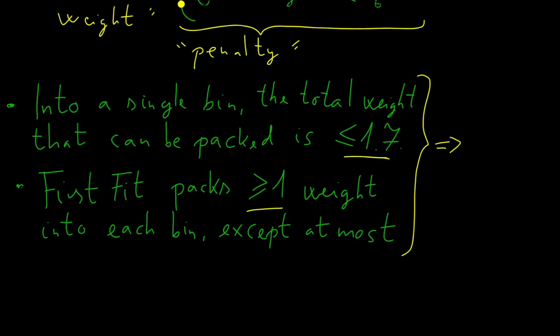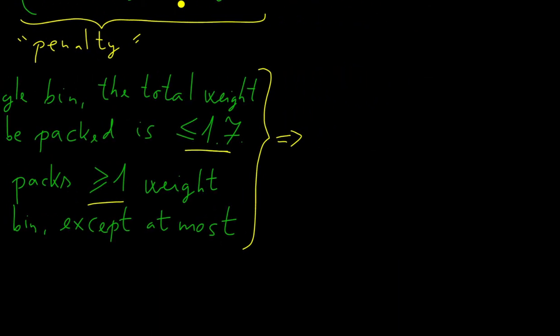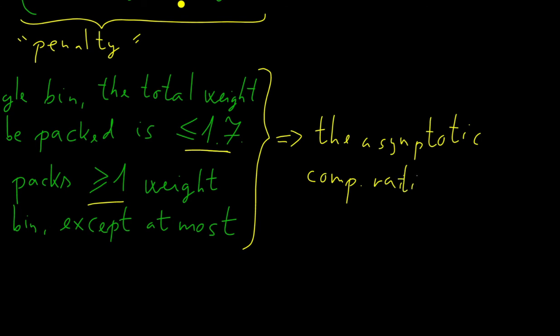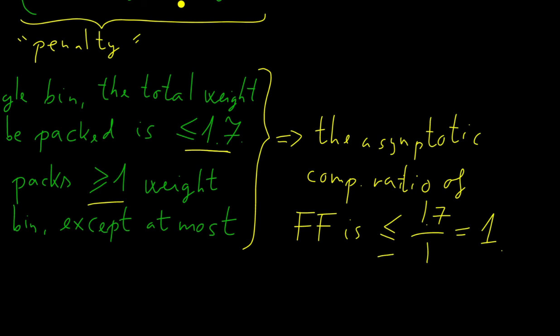the asymptotic sense. So this means that the asymptotic competitive ratio of the first fit algorithm is at most 1.7 divided by 1, which is 1.7. So it's actually an inequality here.